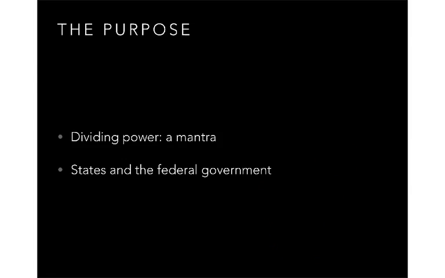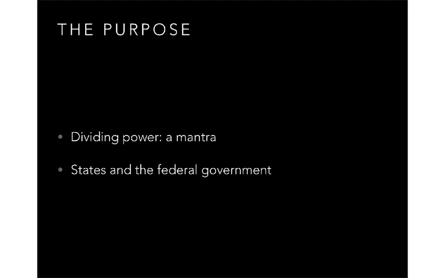Now, the purpose of all of this goes along with what we've already been talking about, this idea that all of the framers had about dividing power. Divide power, divide power, divide power. Why? Well, you divide power to prevent tyranny, as we've now seen and read about.